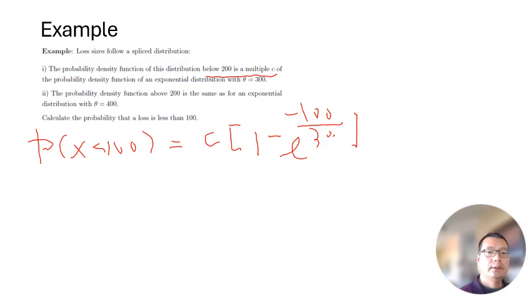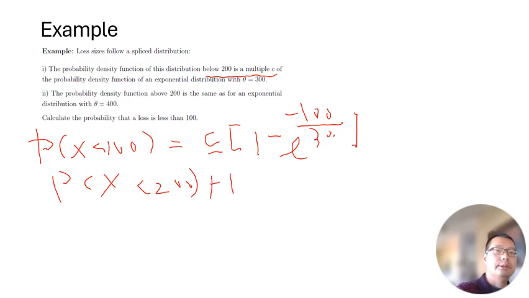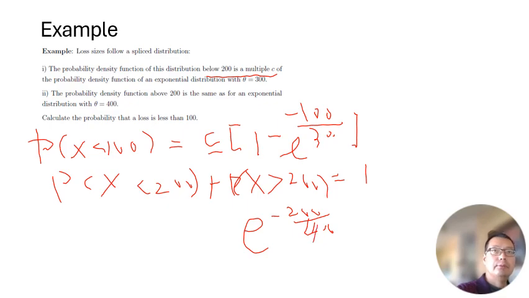Now the question here is, we don't know C, so how do we get C? That's where we utilize what we talked about earlier. The total probability should sum up to 1, which means P(X less than 200) plus P(X greater than 200) together should be 1. When X is greater than 200, we know it follows the exponential with theta 400, so this part we already know.